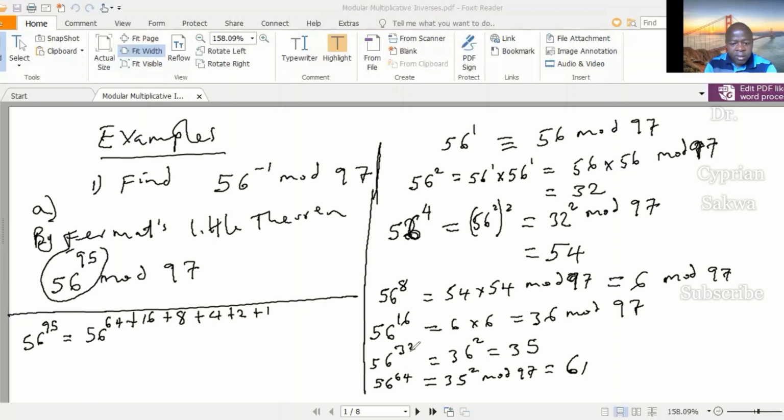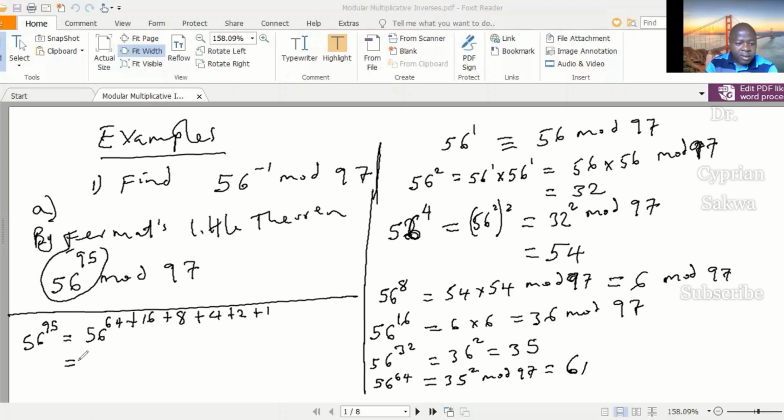I'm just using my squares here. When I add 64 and 32, that will give me 96, and so it will be beyond. So then I use the smaller ones. 64 plus 16 is 80. 80 plus 8 will be 88. 88 plus 4 will be 92. 92 plus 2 will be 94. 94 plus 1 will be 95.